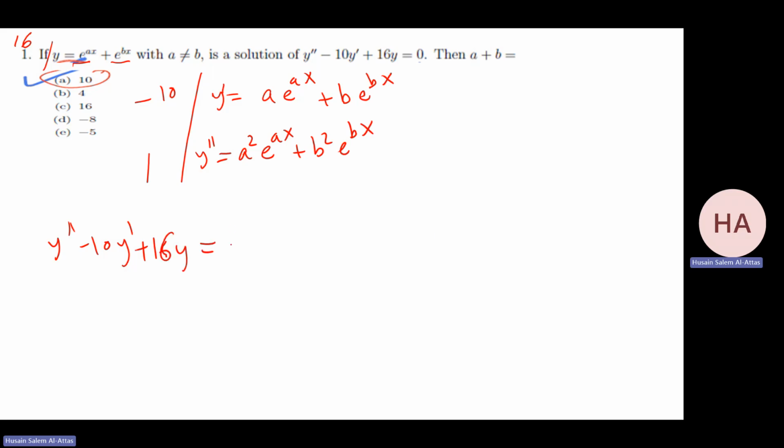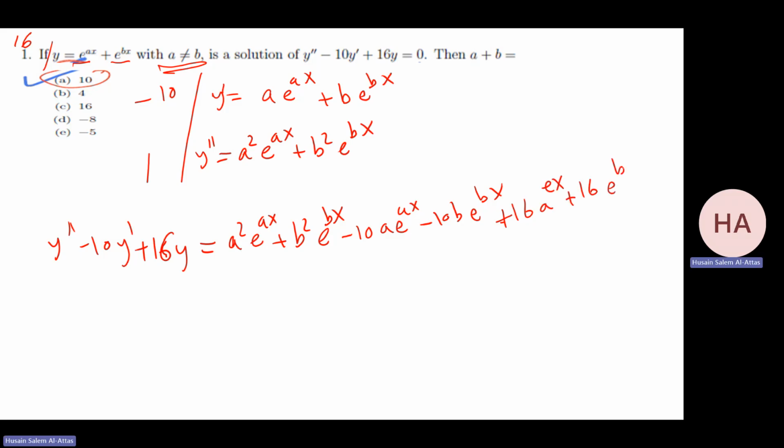That will be what? A squared plus b squared. Okay, a not equal to b. So these two cannot be equal. Okay. Minus 10a e^ax minus 10b e^bx. Okay. Plus 16 e^ax plus 16 e^bx. Okay, so that will give me what?